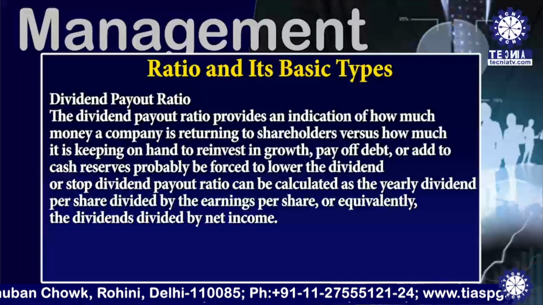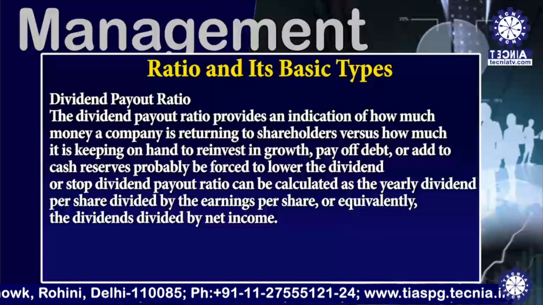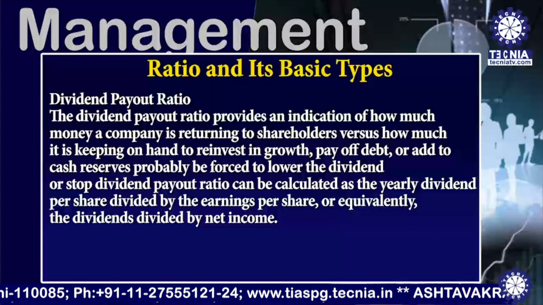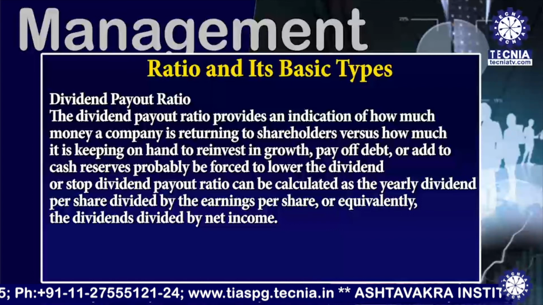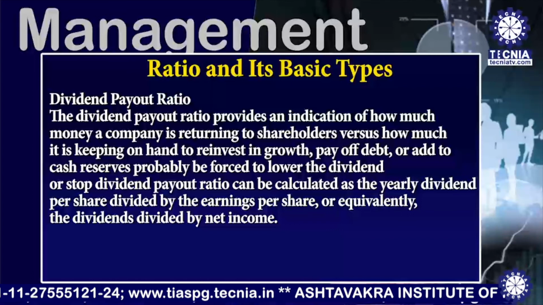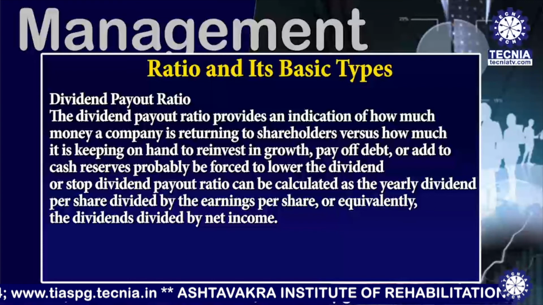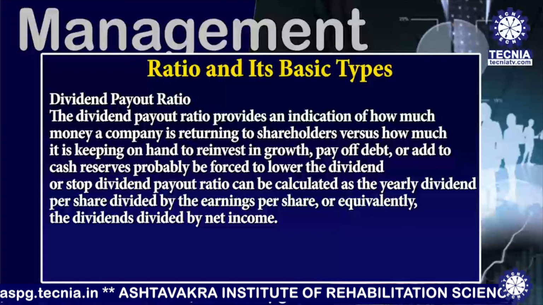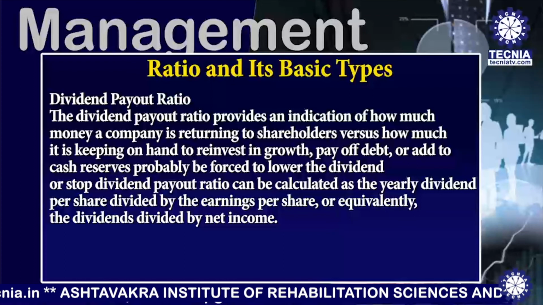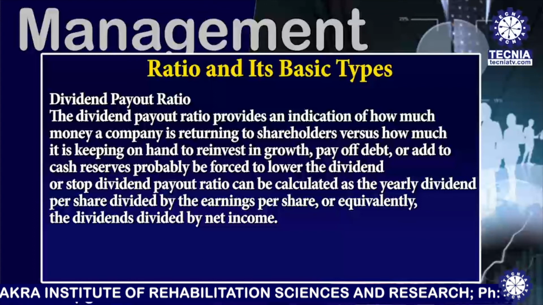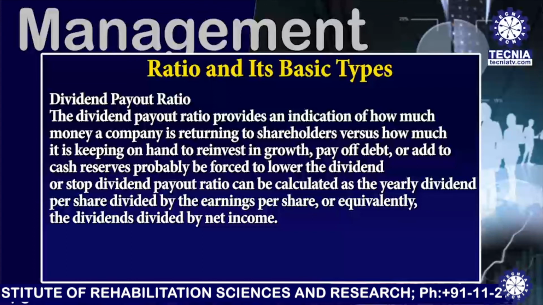Next one is dividend payout ratio. The dividend payout ratio provides an indication of how much money a company is returning to shareholders versus how much it is keeping on hand to reinvest in growth, pay off debt, or add to cash reserves.